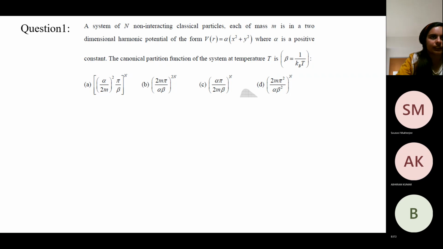When we do summation nu equal to 1 to 3n, we do 3 because it's in 3 dimensions. If it's in 2 dimensions, we do 2n. But here we have already considered x and y separately. So we have to just do a summation for n particles. So it should be nu equal to 1 to n.